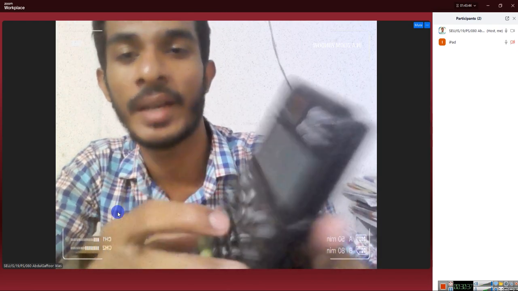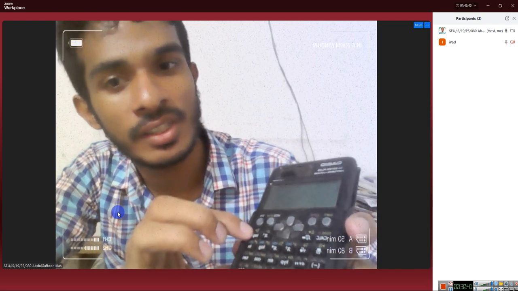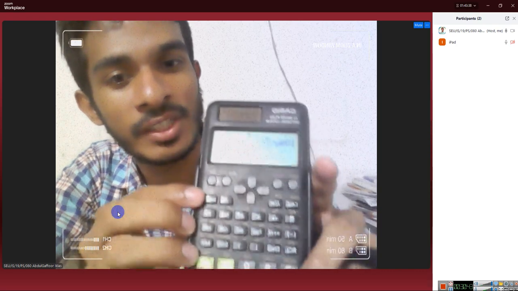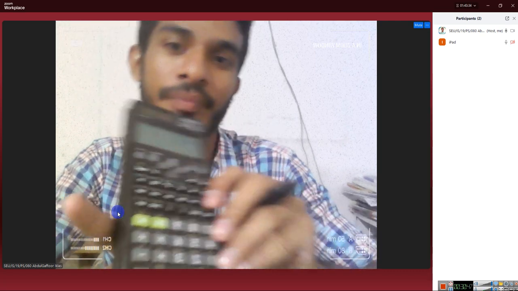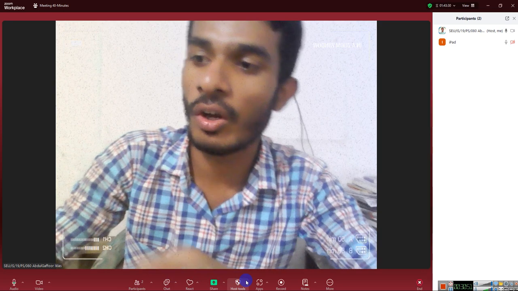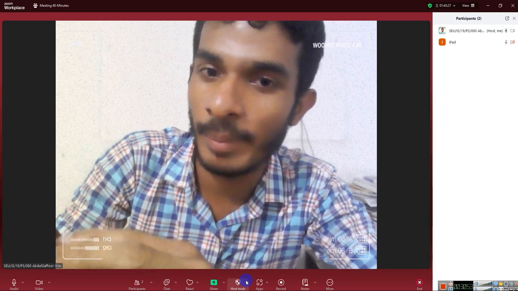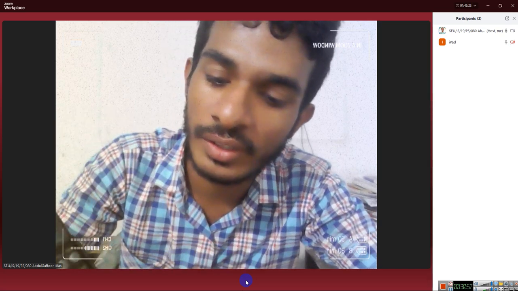Now in my calculator, if I type this log, I have to write the base. So what is the base here? 2 is the base, so I have to type 2 here.